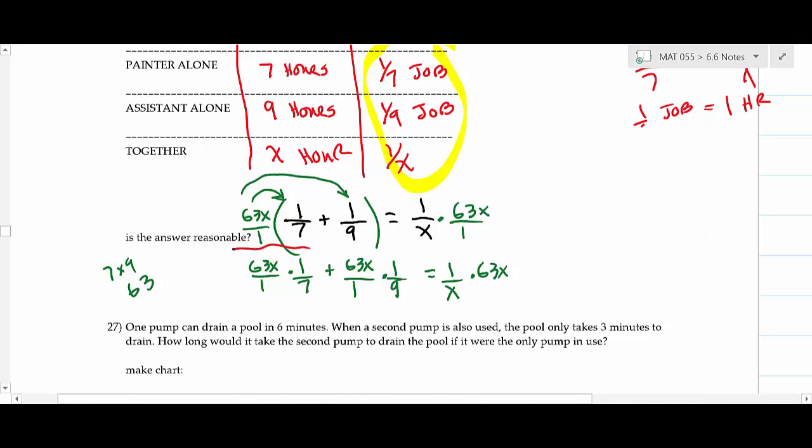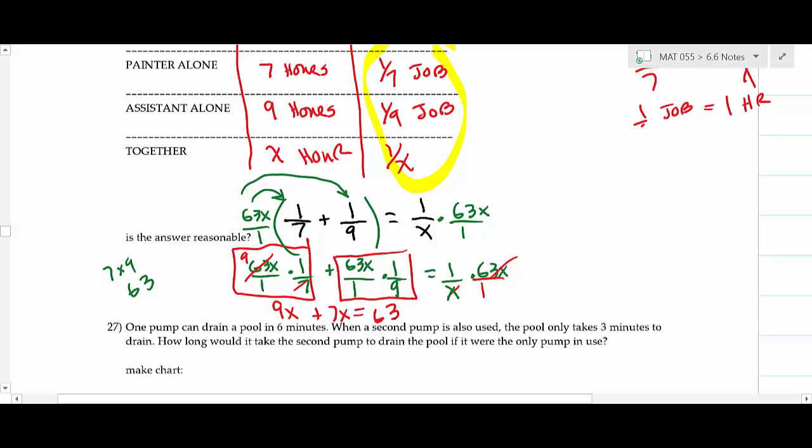What would be the value of what I just boxed in? What's 63 divided by 7? 9, okay. So you can cross cancel that, and that's 9x. How about 63x over 9? 7x. And how about the right side? 63. Everybody got that okay?